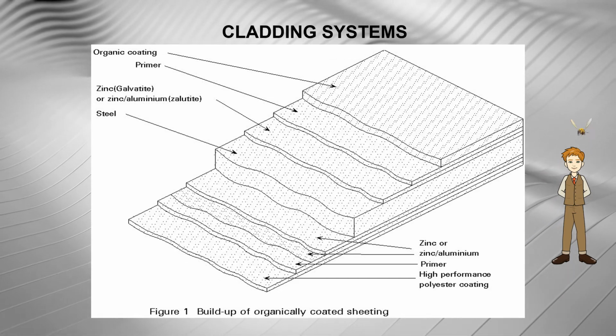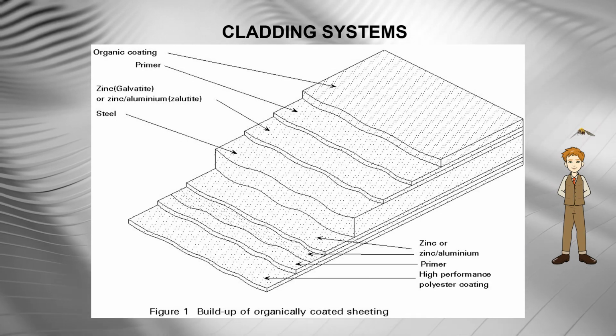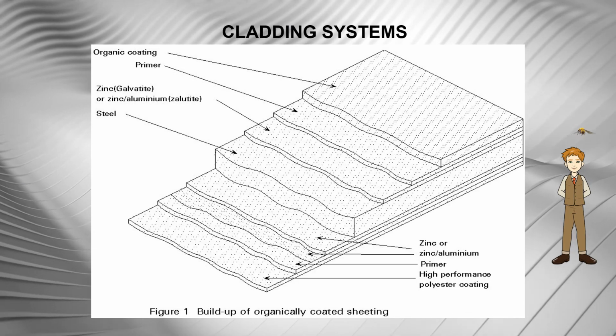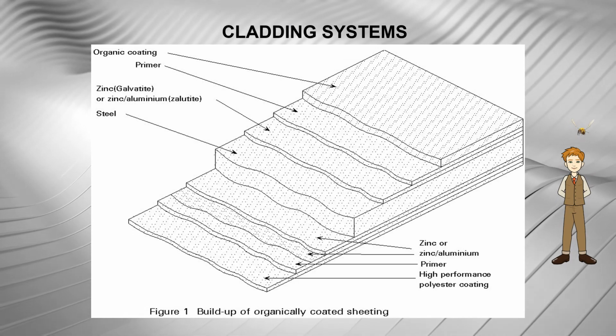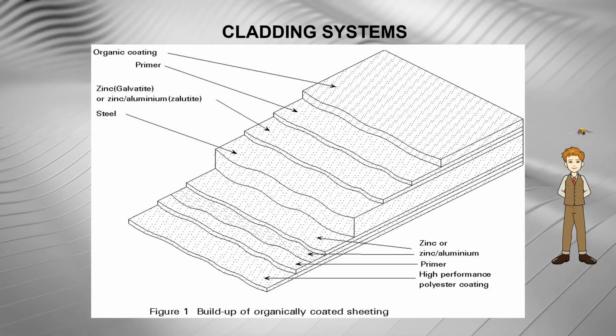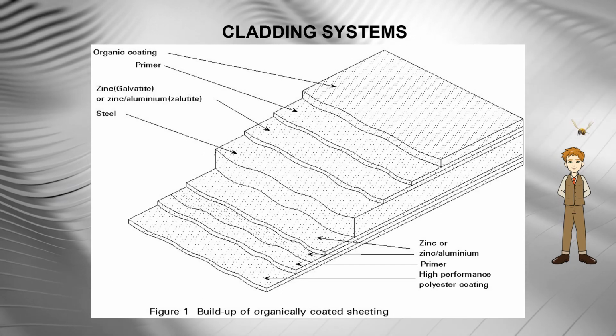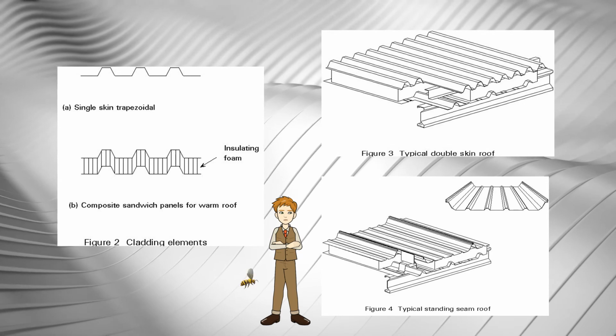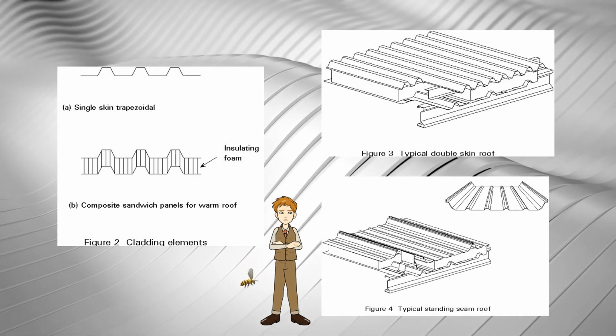Light colors should be used on roofs to minimize heat absorption and thermal movement. PVC should not be used in latitude less than 49 degrees. There are four main categories of cladding system. Number 1.